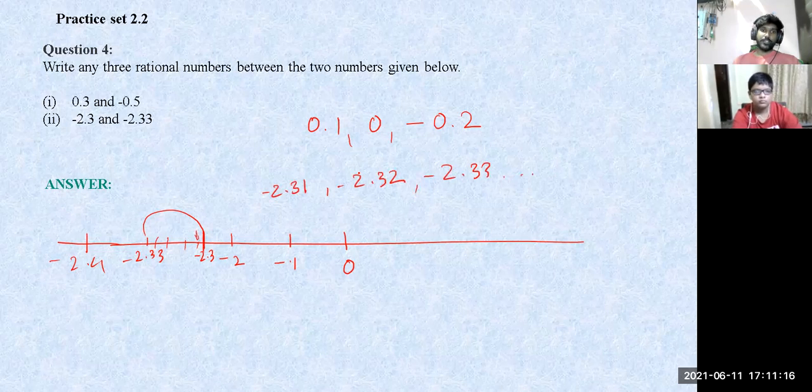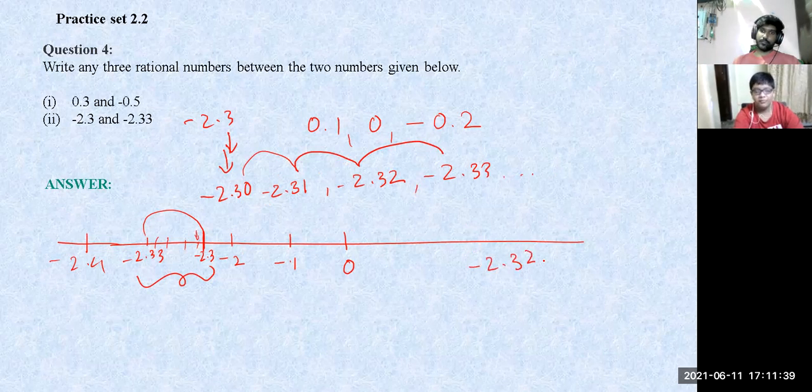So minus 2.3 can also be written as minus 2.30. Then after that minus 2.31, then minus 2.32, then minus 2.33. Now can you tell me any three rational numbers between? Minus 2.32, minus 2.31, minus 2.32, one more.